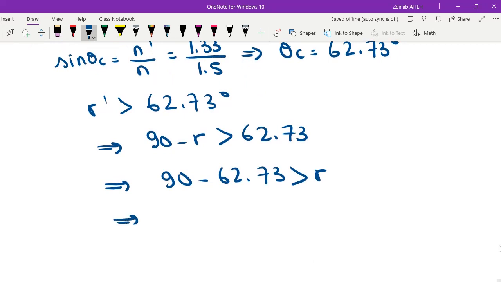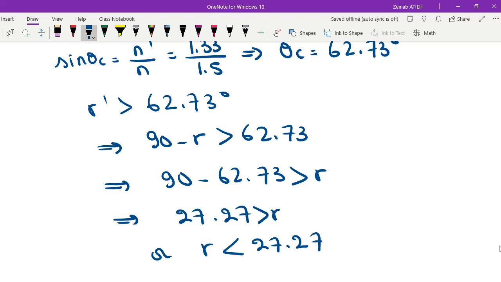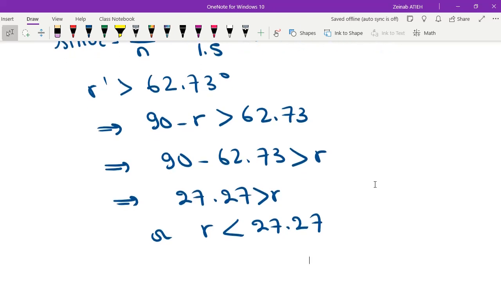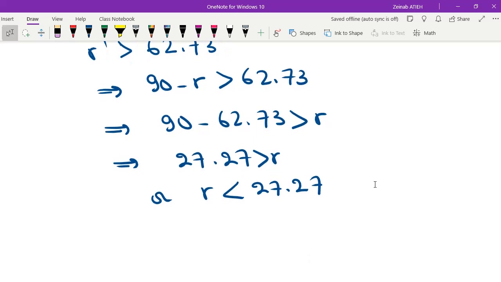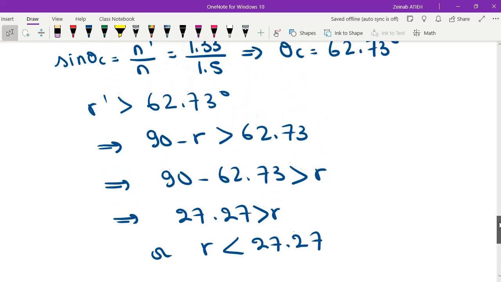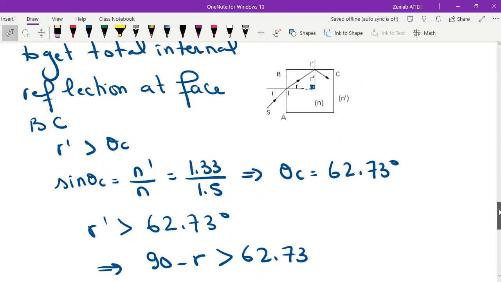So we will get 27.27 greater than R, or I prefer to write it like this: R must be less than 27.27. Okay, so we found a condition on R. R is also related to I, so if there is a condition on R so that we have total internal reflection, there is a condition on I. R and I are related by Snell's law, because R is the refracted angle, or the angle of refraction, on the surface AB.